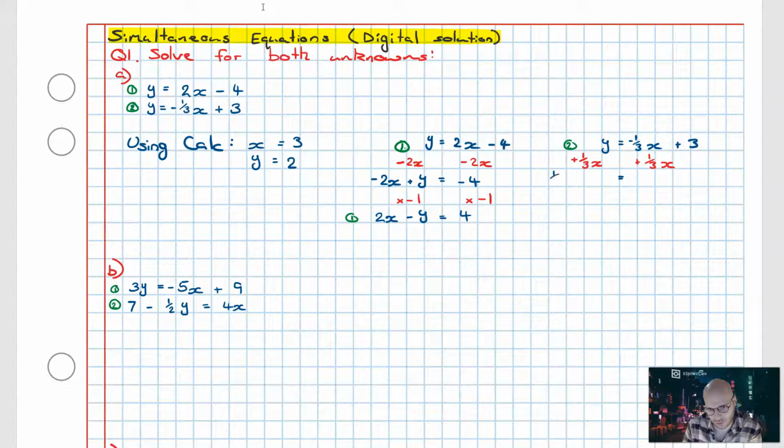This will give us 1/3 x plus y equals 3. And if we want to have a non-fractional x, we can times both sides by 3. So this is going to give us x plus 3y equals 9. And this is still our second equation.